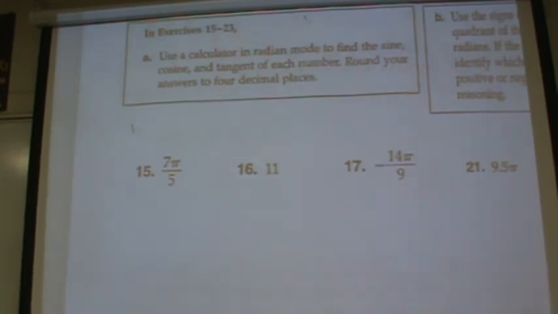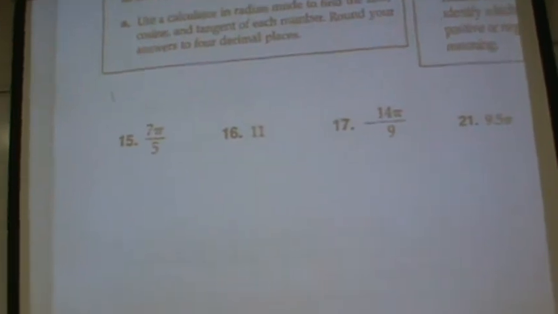Now, what I can tell you is if you look at all these problems, they're all in radians. How do I know these are all radian problems? If you see pi, or if you do not see what? That little bubble, the degree sign.